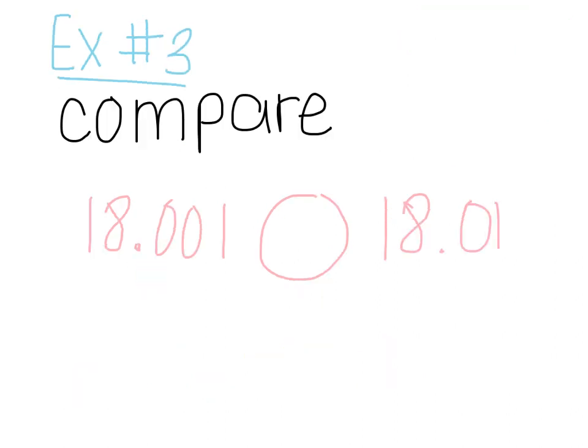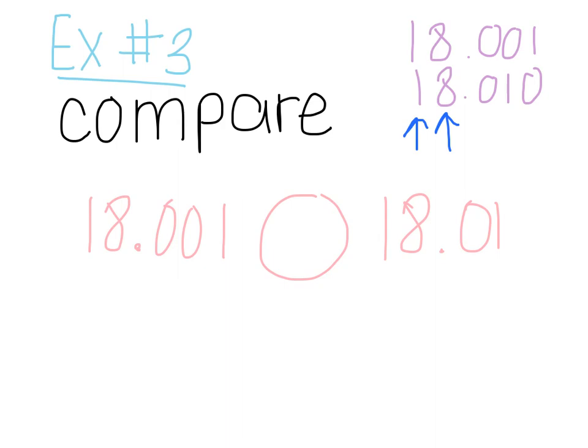Example 3, we're comparing again. We line them up, 18 and 1,000th and 18 and 100th. I put my 0 on the end to make them line up. Now we start looking at our digits left to right. They both have a 1 in the tens place, so that tells me nothing. They both have an 8 in the ones place, so that doesn't tell me anything.